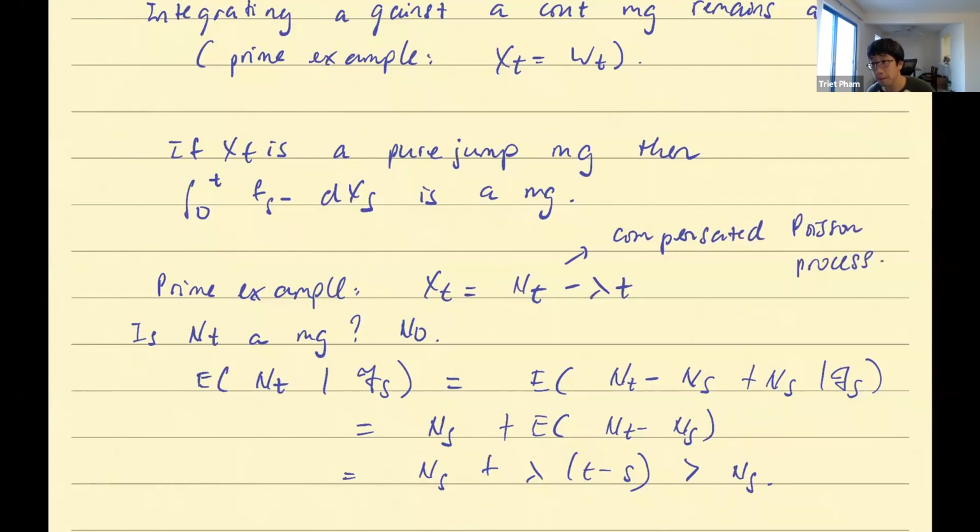Is that okay? Because the Poisson process is always increasing, you need to compensate, right? And you compensate exactly by what? By the trend. The Poisson process moves with the trend of lambda t. So you subtract the trend, and it is a martingale. Very easy. Any question on this?